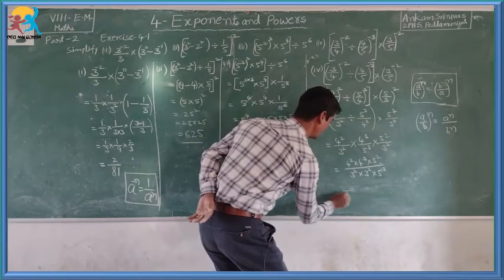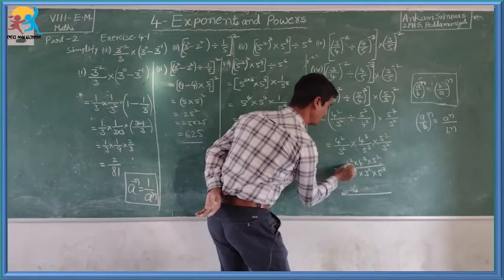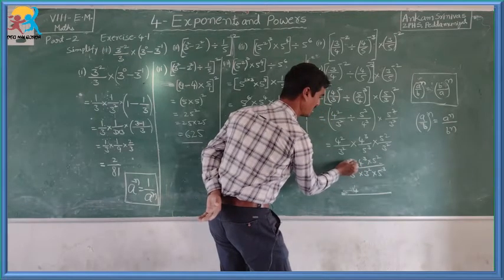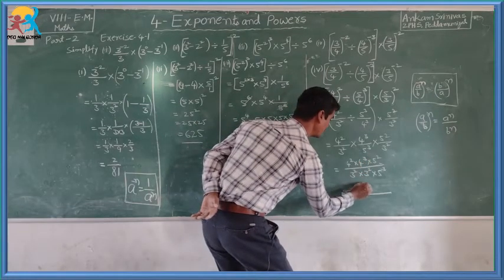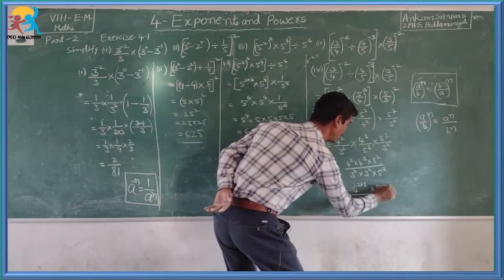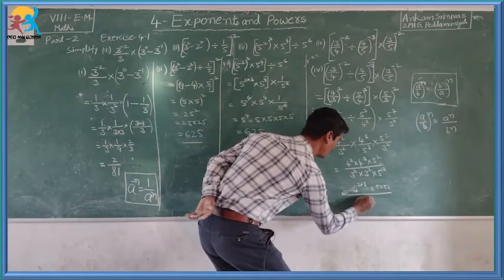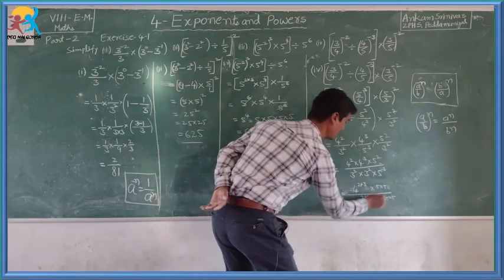Here, 4 power 2 plus 3: when two powers are multiplied with the same bases, exponents should be added. So 2 plus 3, and 5 into 5 into 5, and 3 power 2 plus 2, into 5 into 5 into 5.